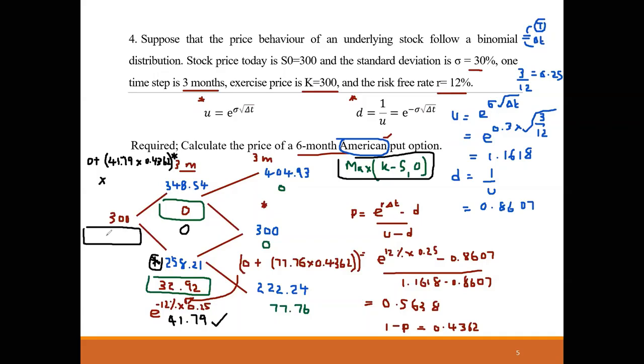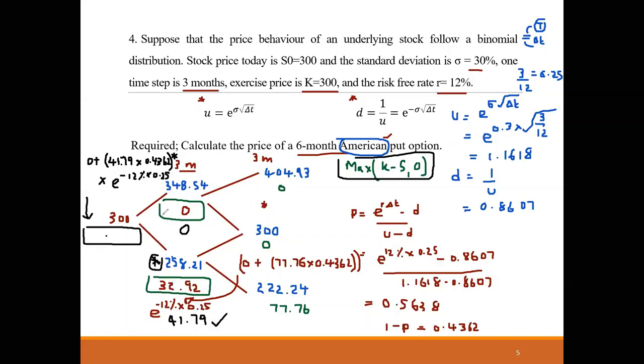To get the value at this point, multiply this by e to the power minus the risk-free rate, which is 12%, into 0.25, which is 3 months.